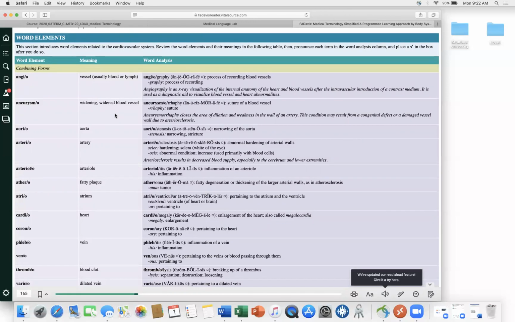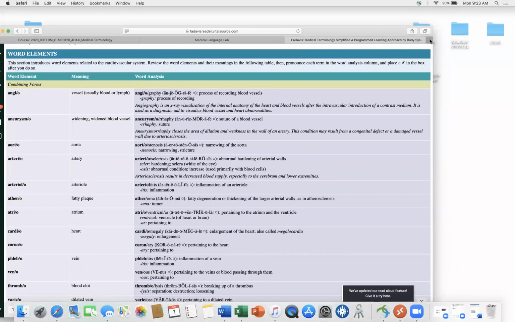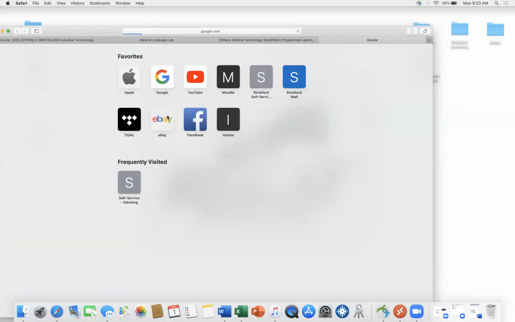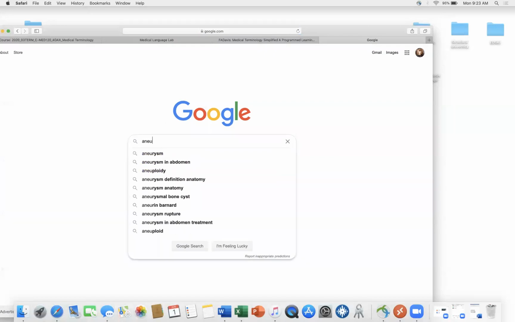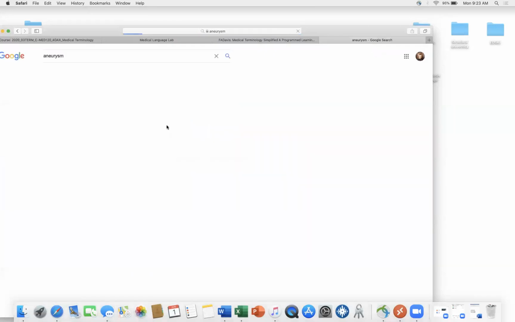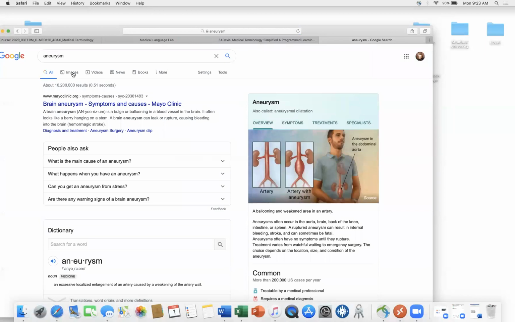An aneurysm. Now, I'm going to define an aneurysm first before I define aneurysmography or aneurysmography. Okay, potato, right? So the aneurysm is a widening of a blood vessel. Let me show you a picture here so you know what we're talking about.